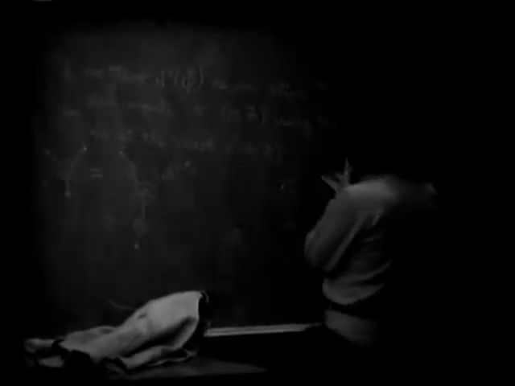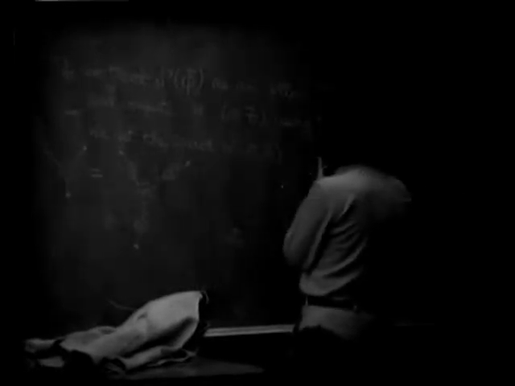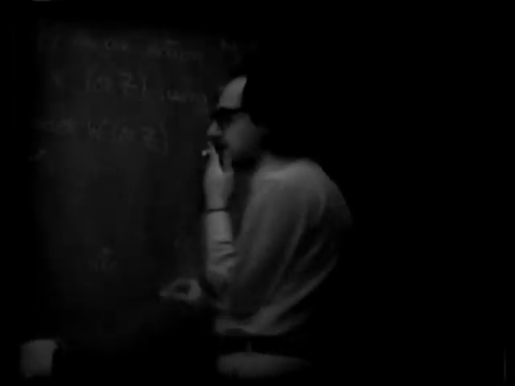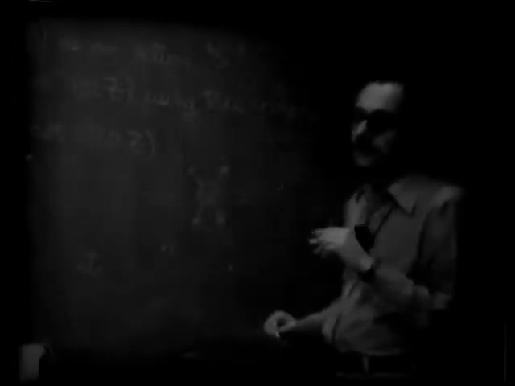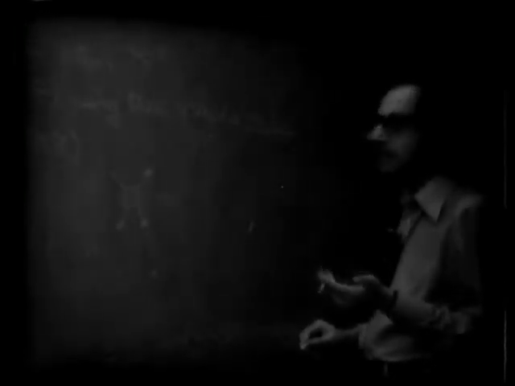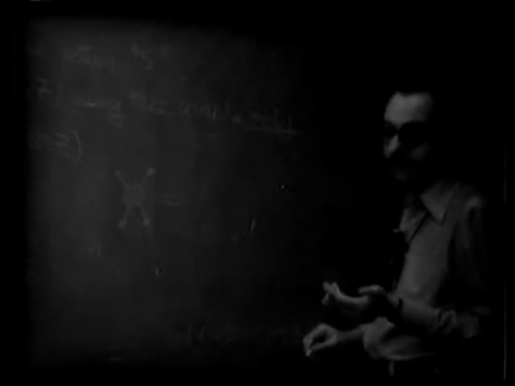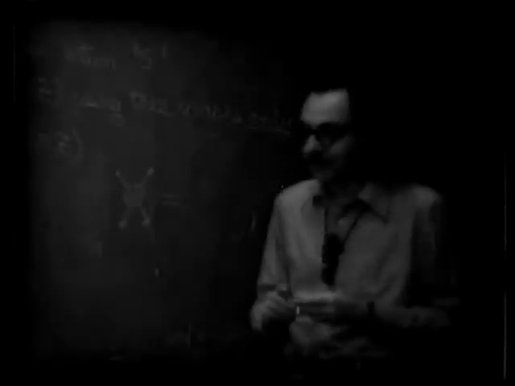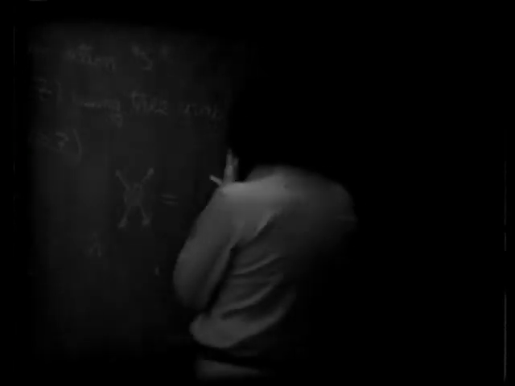Likewise, if I look at the 4-point function, the exact 4-point function. Remember, shaded lines mean exact full Green's functions. Unshaded lines mean one particle irreducible.